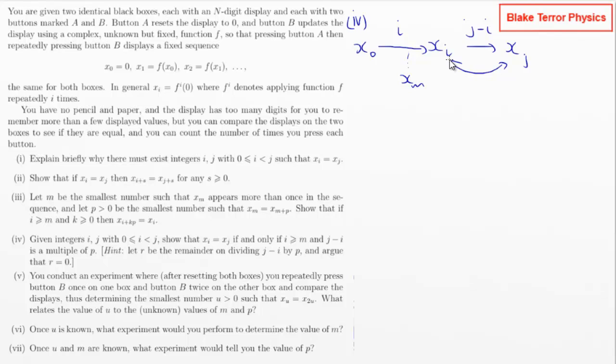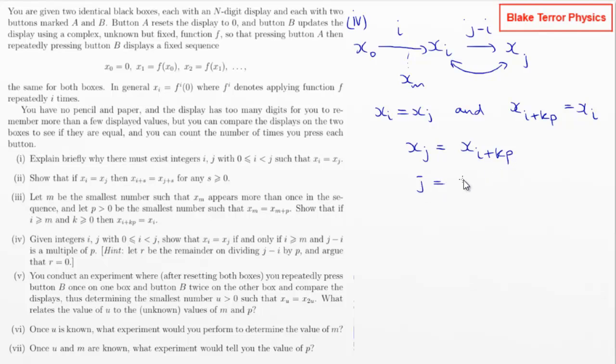So I can just drop this into the previous part of the question, can't I? We've got xi equals xj, and we've got xi plus kp equals xi. So xj equals xi plus kp.